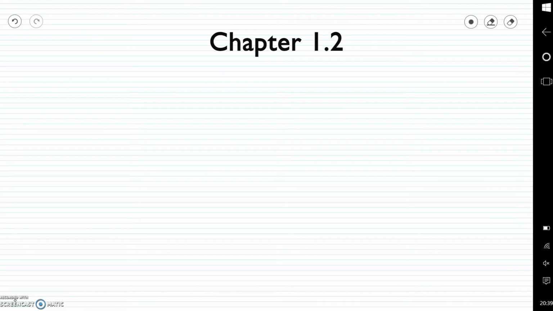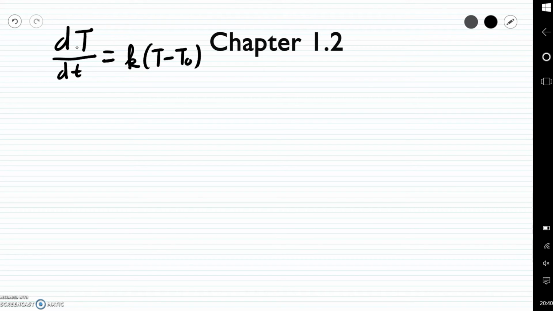So we go on to the next part of the chapter, which is different applications. And we'll first start off with Newton's law of cooling and heating. The base theory of this problem is differentiating temperature with respect to time, which is equal to K times (T minus T0). This calculation will give us the formula of Newton's law of cooling. So we begin by separating T minus T0 with dt.